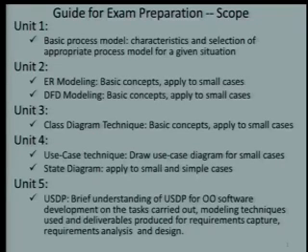Okay, Unit 2, we talk about ER modeling and DFD modeling. For both modeling, the basic concepts, I think we have quite a bit of questions in our quiz on the basic concepts.